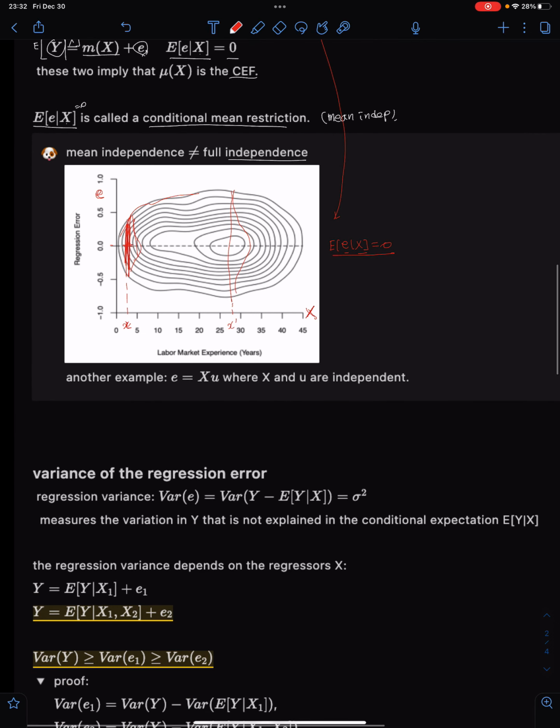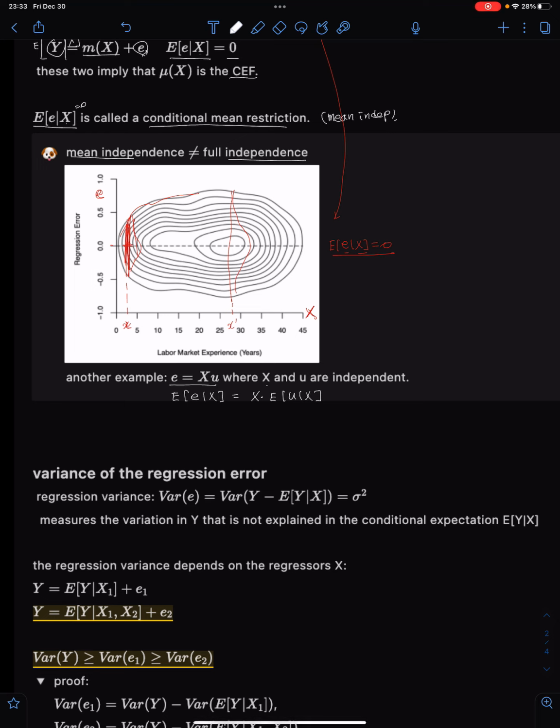A more numerical example showing that mean independence is not the same as full independence is as follows. Suppose that your e is the multiplication of x times u, and suppose that x and u are independent. Then in this case, the expectation of e given x is given by x times the expectation of u given x.